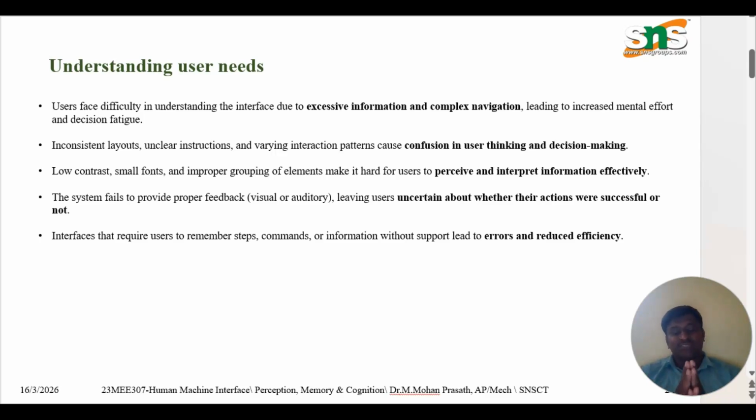The next one was that the system fails to provide proper feedback. The final one was that the HMI requires remembering steps and passing information without support, which leads to errors and reduced efficiency.